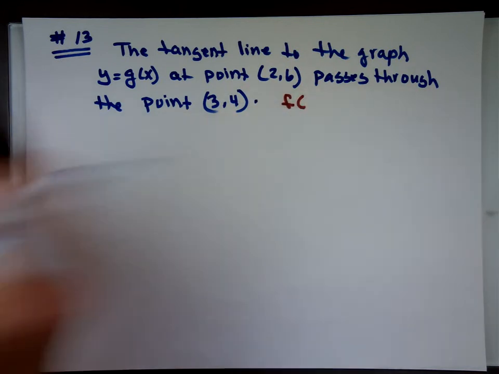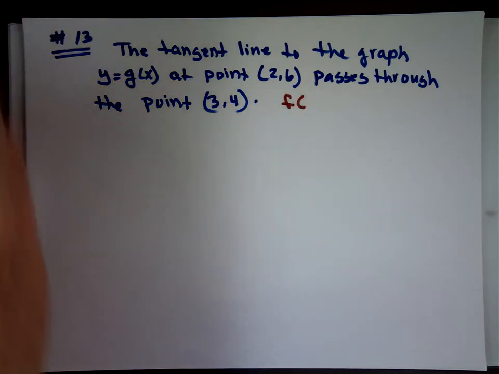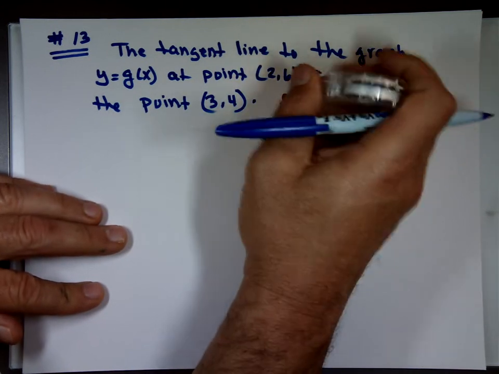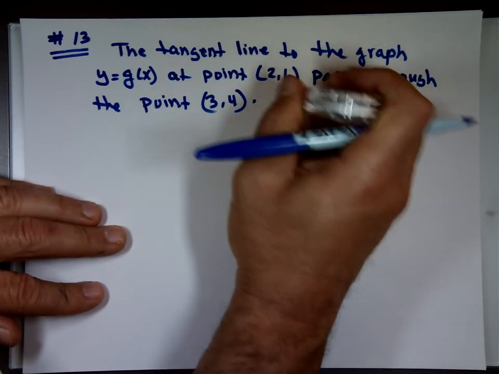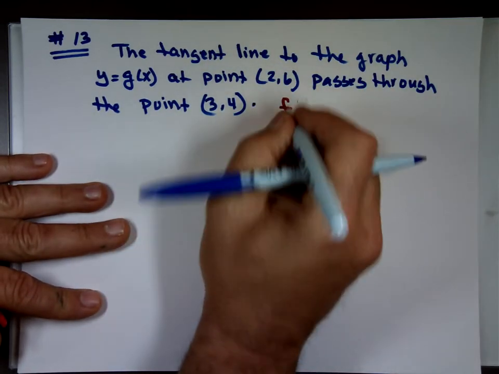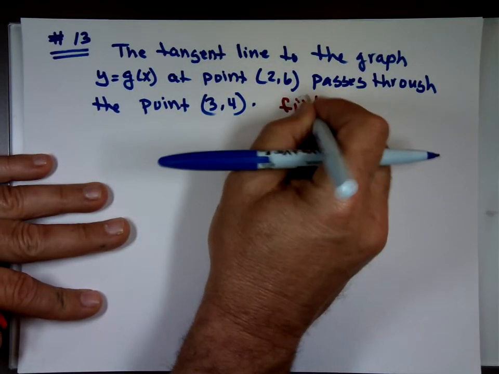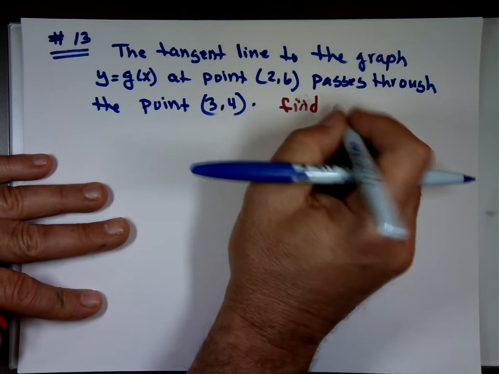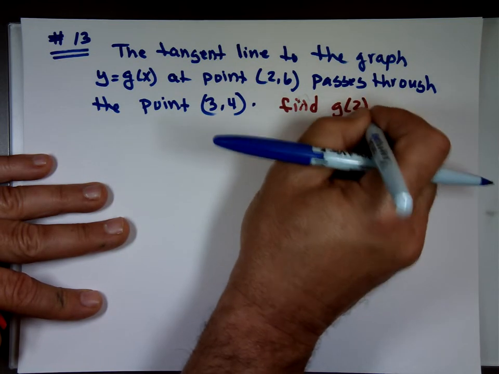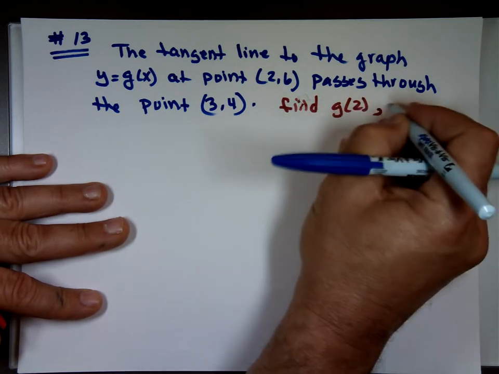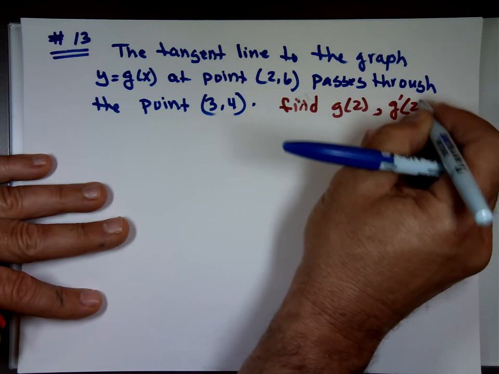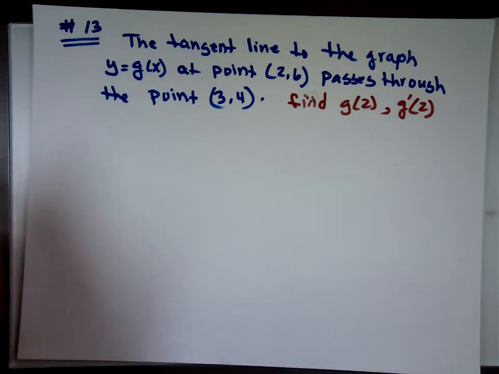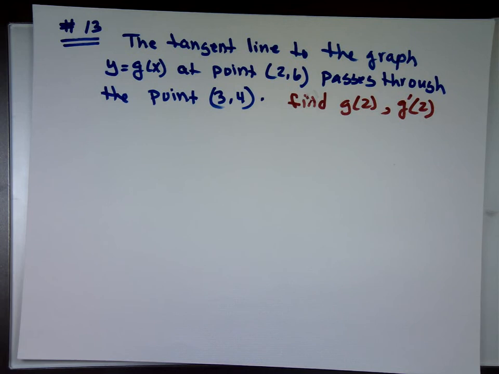Find g of 2 and the derivative at 2. Again, they just want to make sure you understand the definition of derivative. I'll let you finish writing that. We'll come back and revisit this.